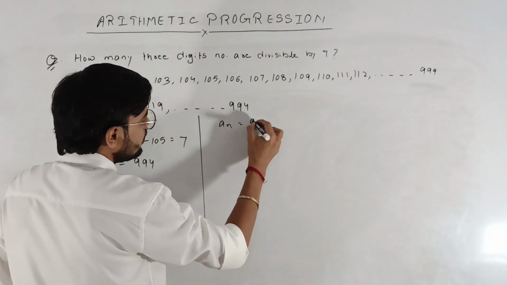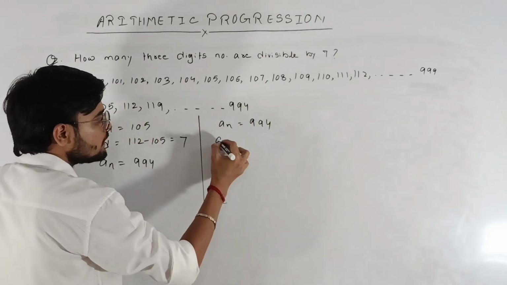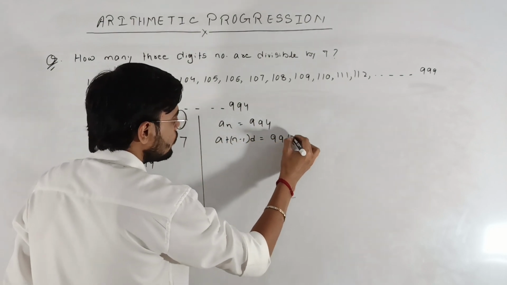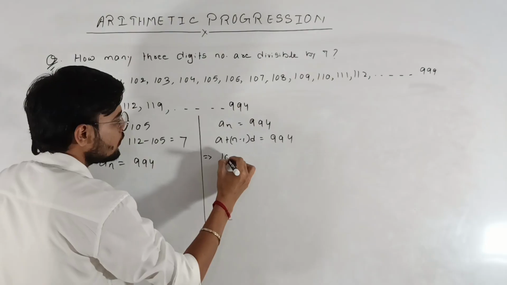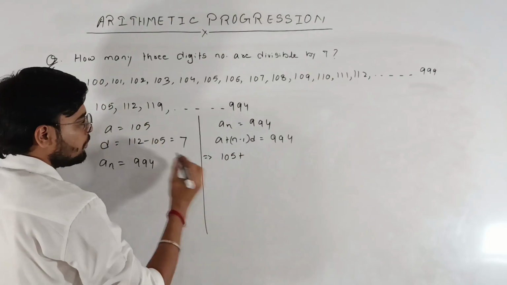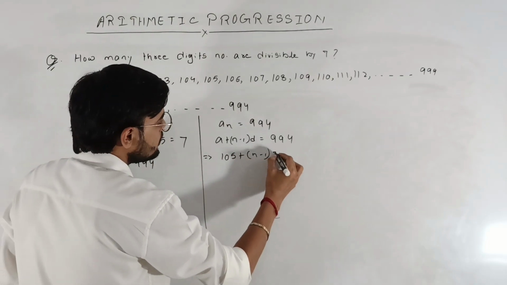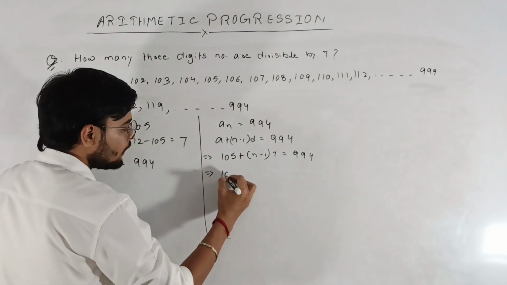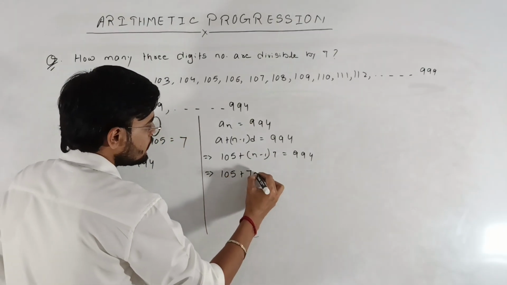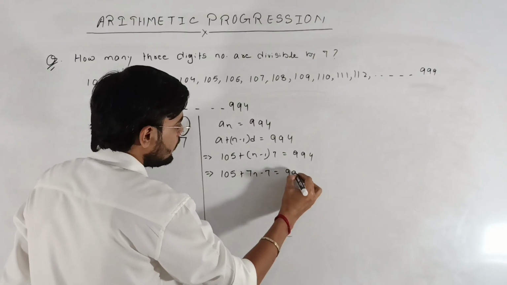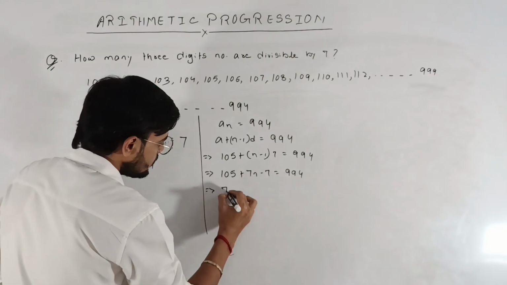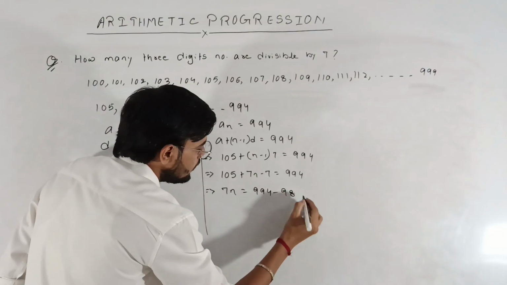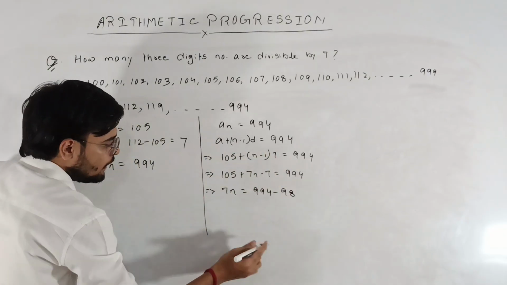So an is 994. The formula for an is a plus n minus 1 into d, equals 994. Now a is 105, d is 7, so 105 plus 7n minus 7 equals 994. From here 7n equals 994 minus 98. This 98 goes to this side and becomes minus 98.